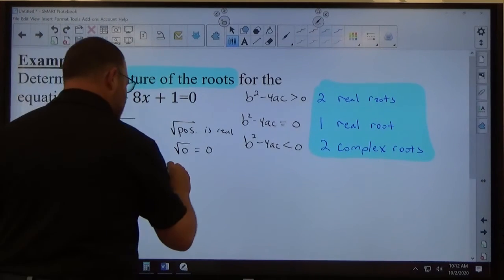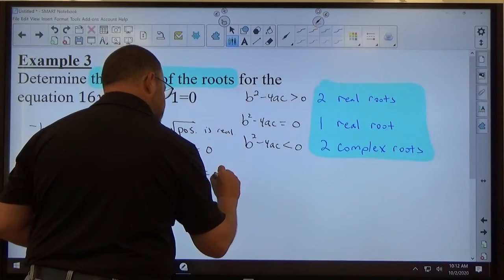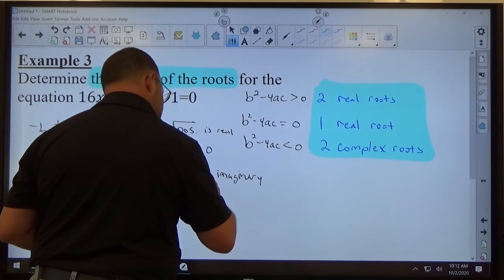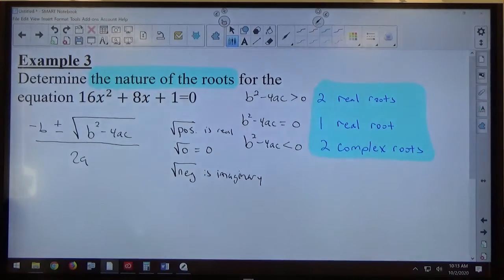And finally, the square root of a negative number is imaginary. It's not possible to get the square root of a negative number, so it's an imaginary number. It doesn't exist in the real world. When you have an imaginary number added or subtracted to a real number, that's called a complex number.